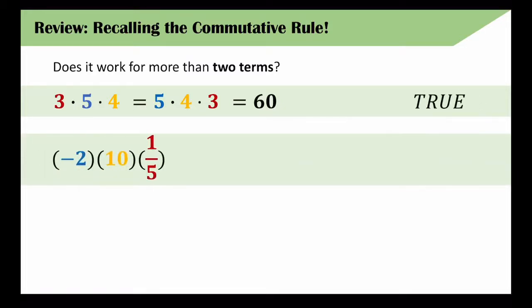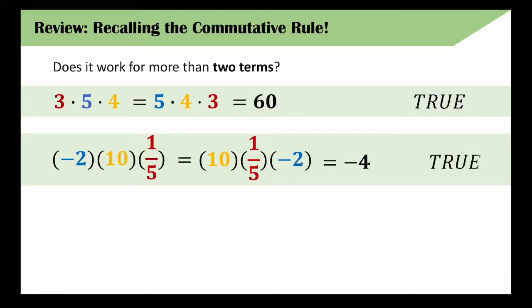So this is true. Let's take a look at negative 2 times 10 times 1/5. Rearranged everything. Now notice that 10 times 1/5 is just going to be 2, and then times negative 2 is going to give us a negative 4. This is true in both statements, and therefore is true for our commutative rule.